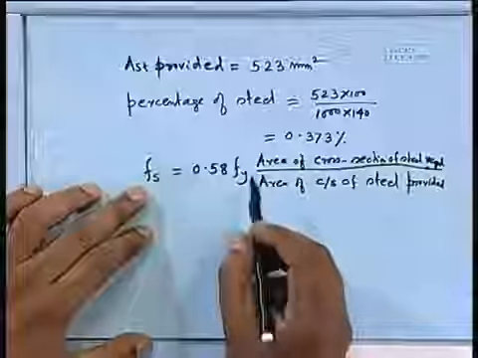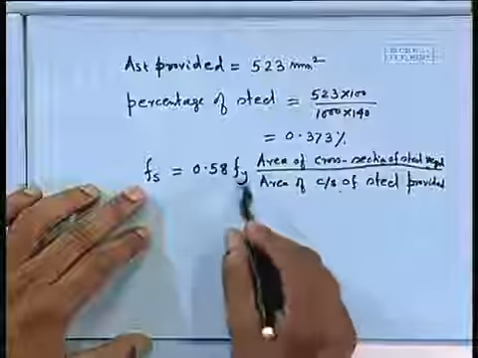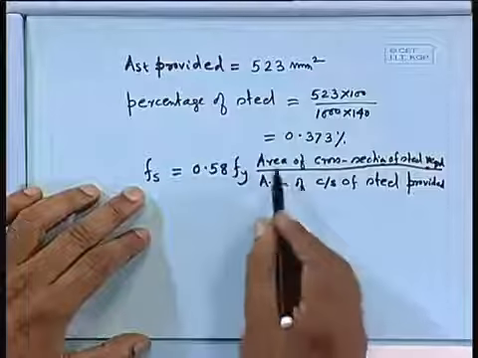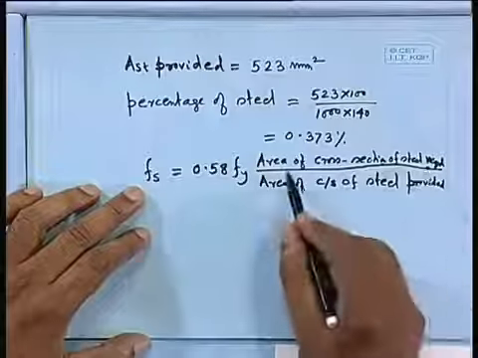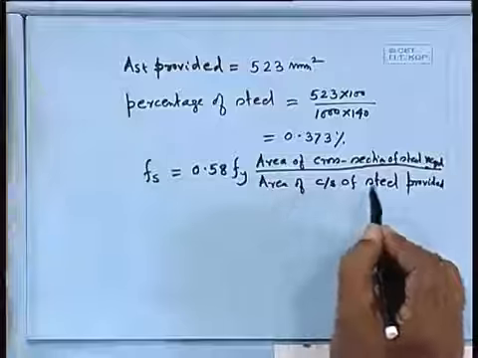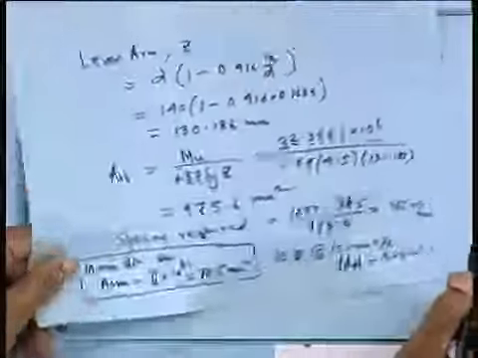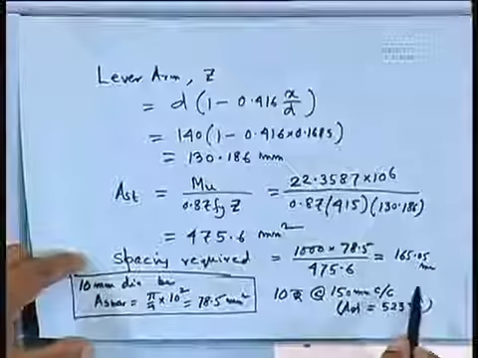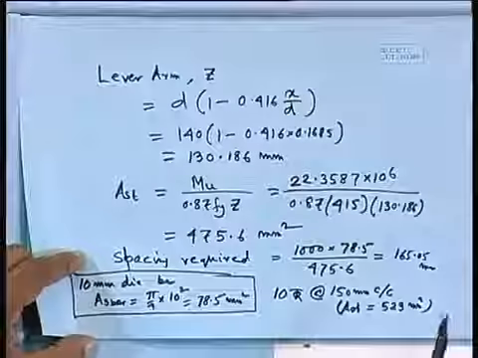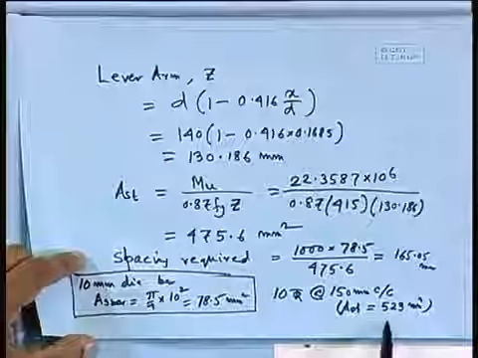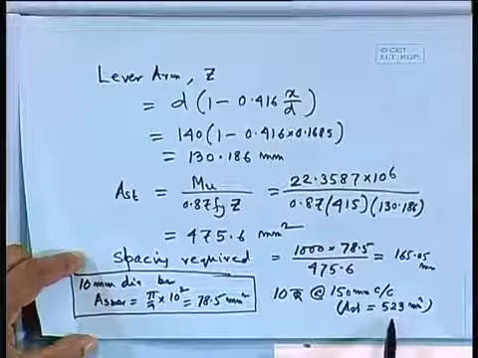So, we cannot calculate it directly, not exactly 0.58 fy. Here we have to do a certain kind of modification. The area of cross section of steel required in our case is 475.6, and we are providing 523.